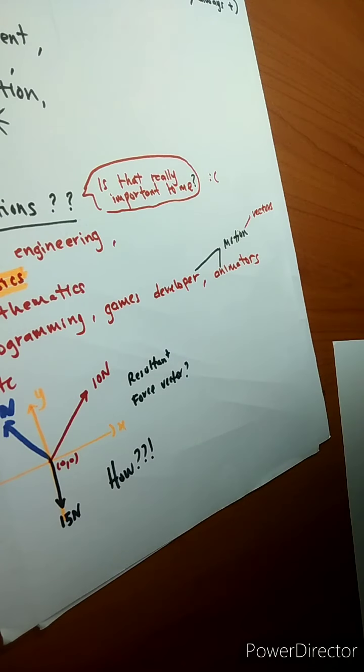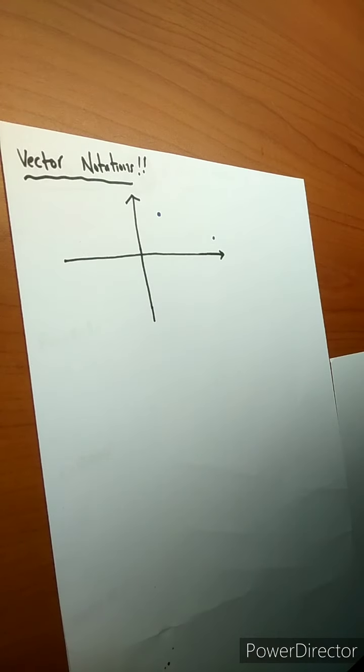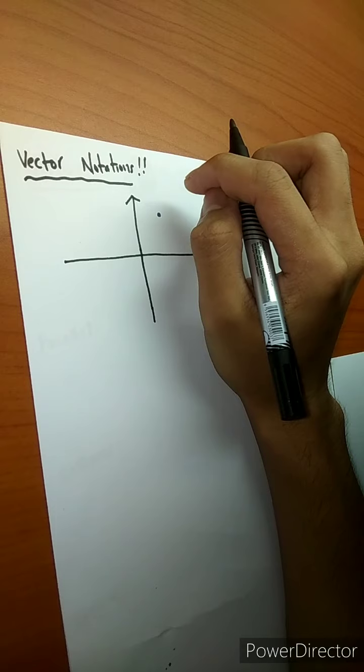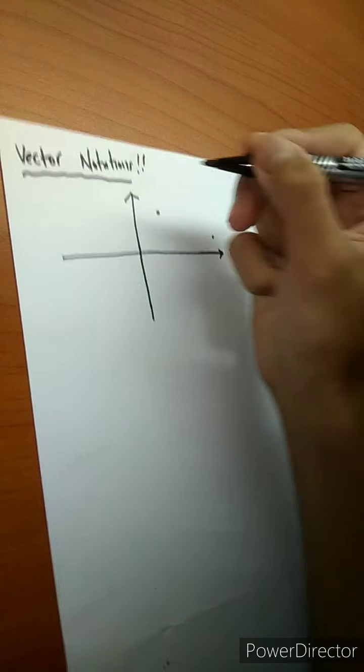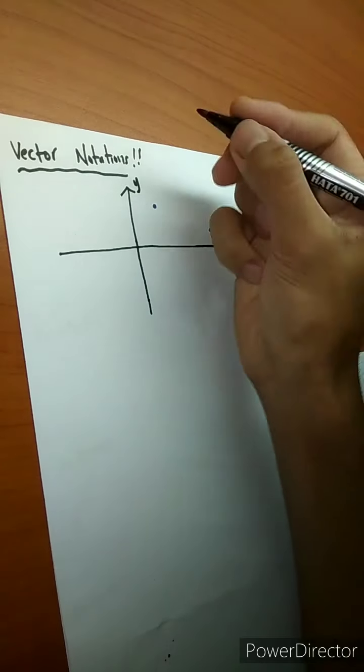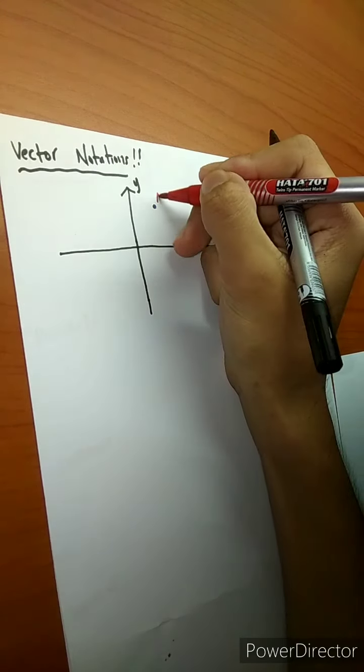Next, let me introduce you to vector notation. Suppose we have a Cartesian plane, with the x-axis and y-axis, and a point, for example point A, of course.